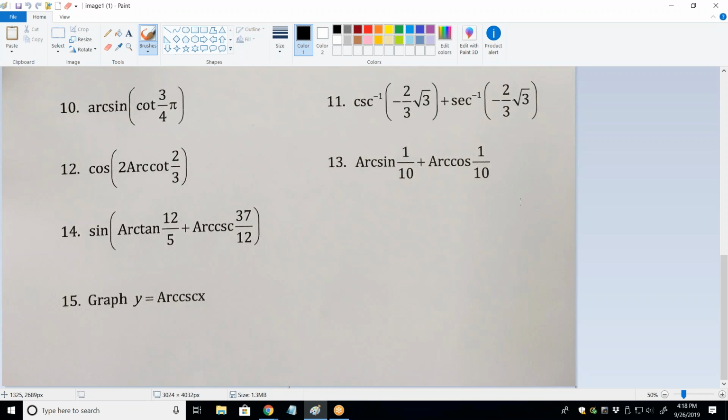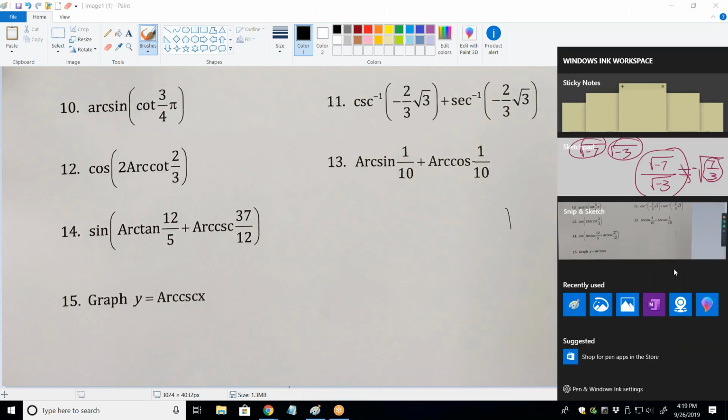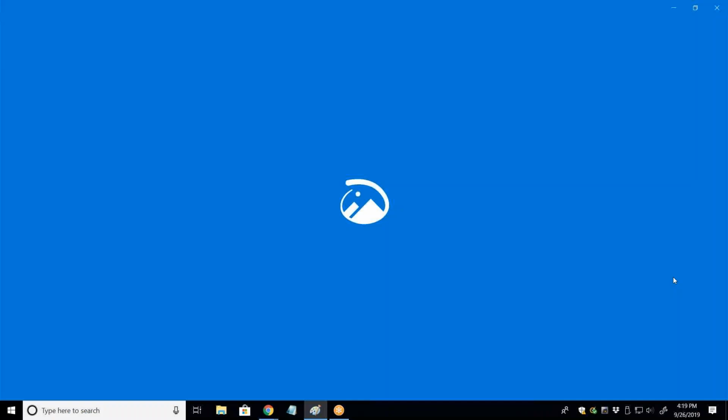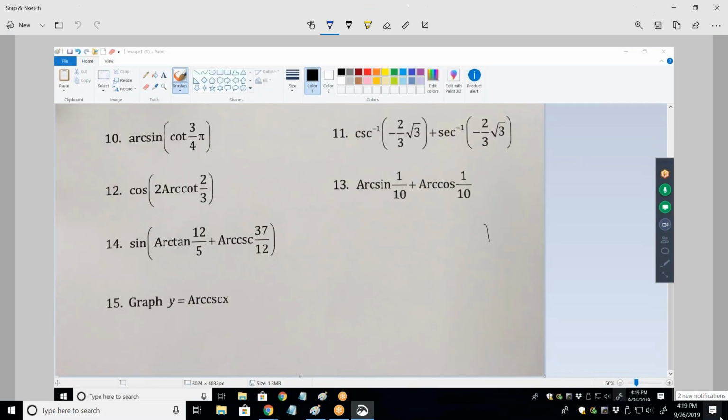So, if I draw a triangle, hold on, I have to do this differently. I think I remember how to do this. Remember, usually with these, you just have to draw the right triangle and label it.